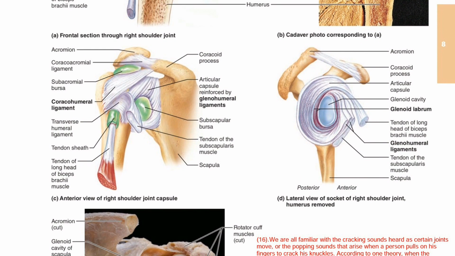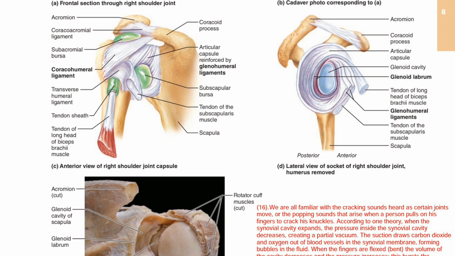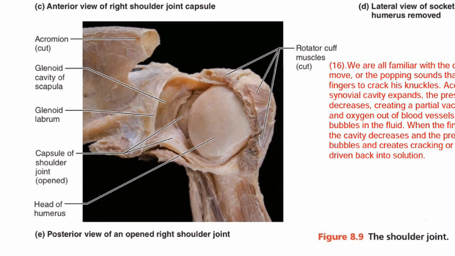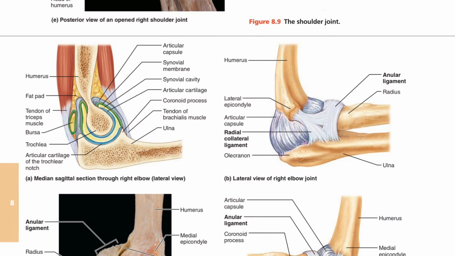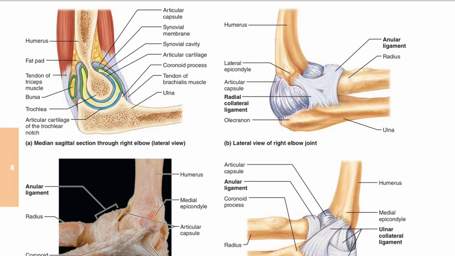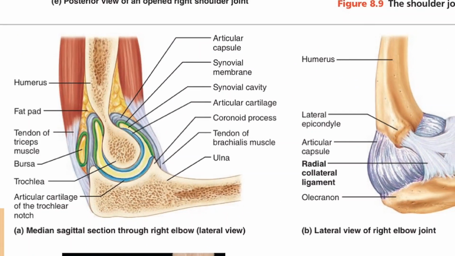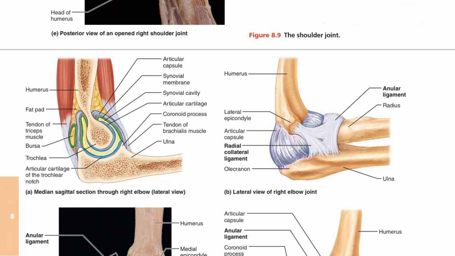All the names you go through. Then this is the right elbow joint. So the right elbow joint is formed between the humerus, radius and ulna. Synovial joint.